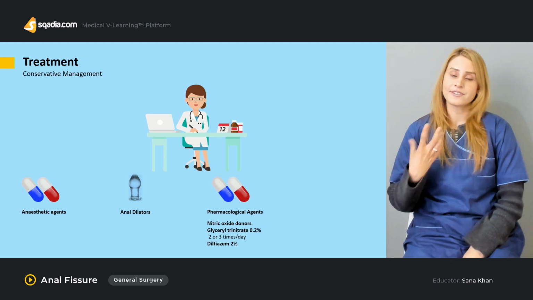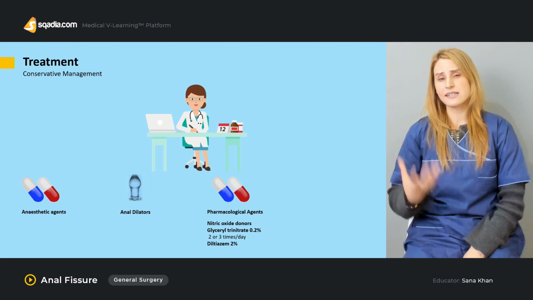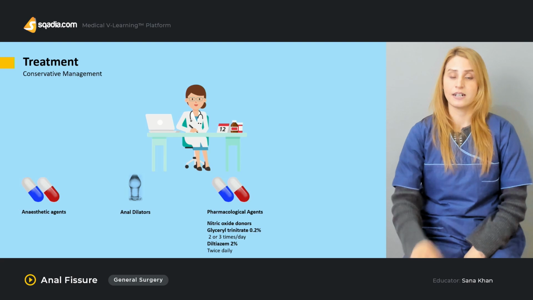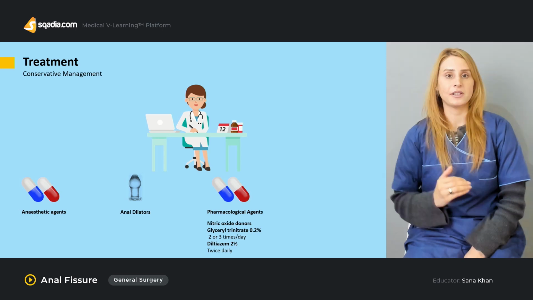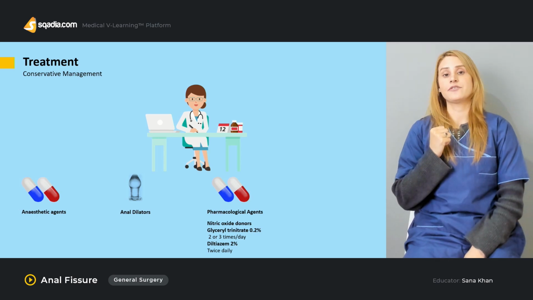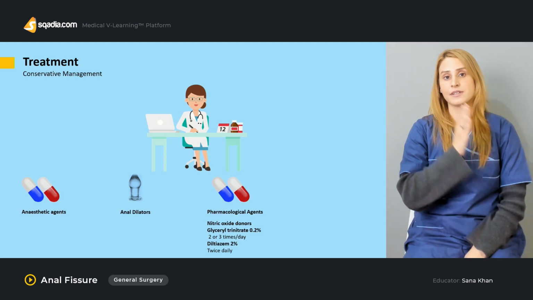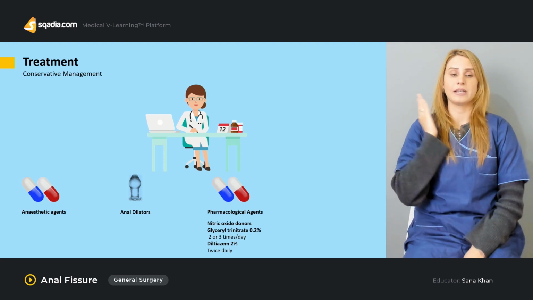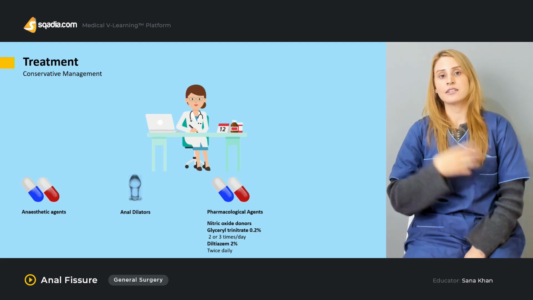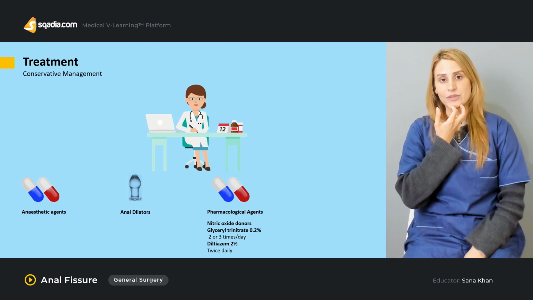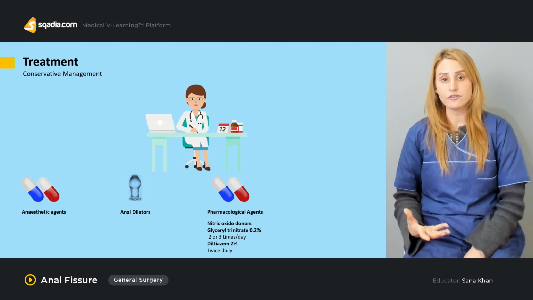The tronulin gel also relieves the spasm, decreases the vascular insufficiency, and has a little bit of an anesthetizing effect as well. So if we talk about a regimen for the conservative treatment of acute anal fissure, you have to combine the stool softeners, like laxatives, with the topical anesthetic agents, and with the dilators, nitric oxide, glyceryl trinitrate and diltiazem topical formulations.